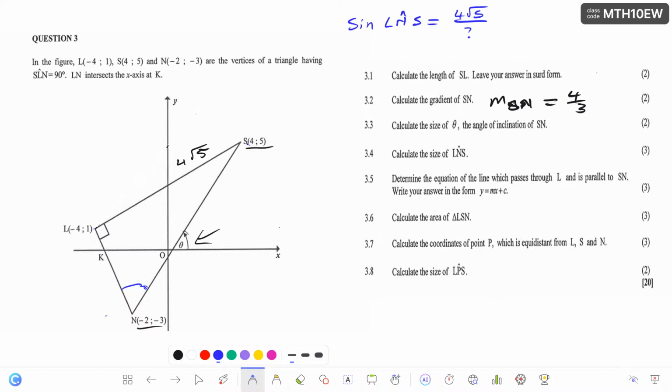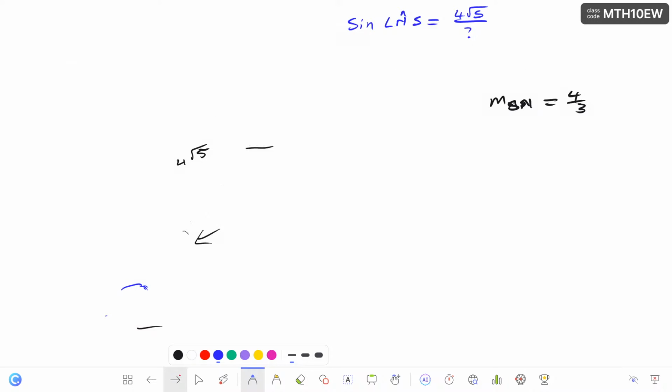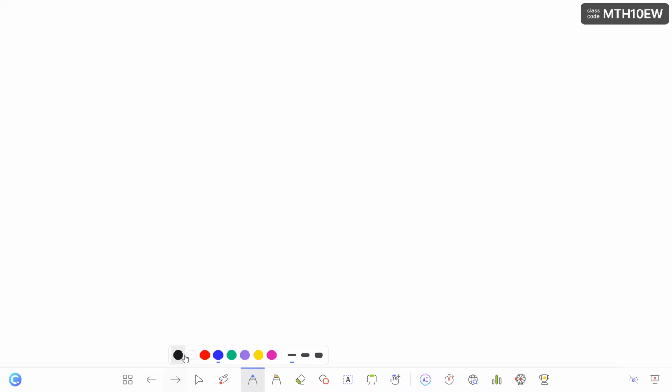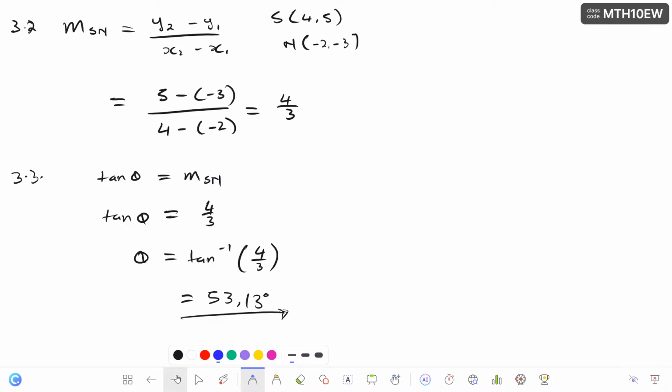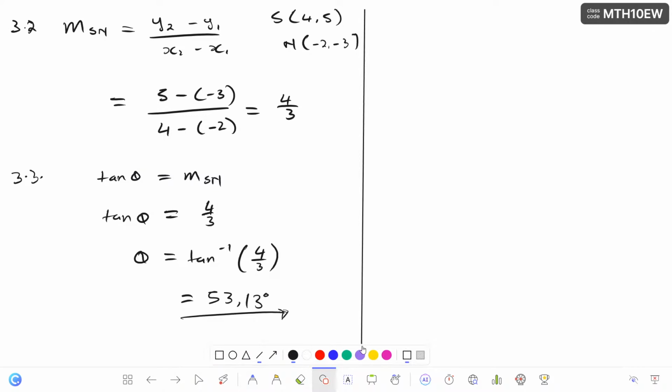So let's calculate the distance SN. So first we're going to calculate the distance SN. I hope you know the formula by now, so I'm just simply going to substitute the values.